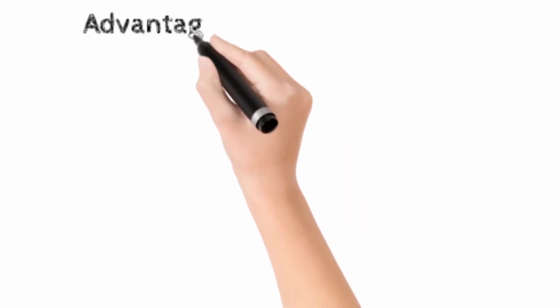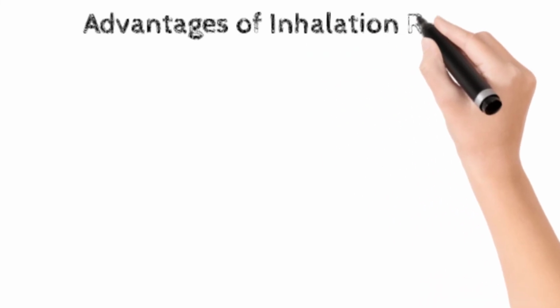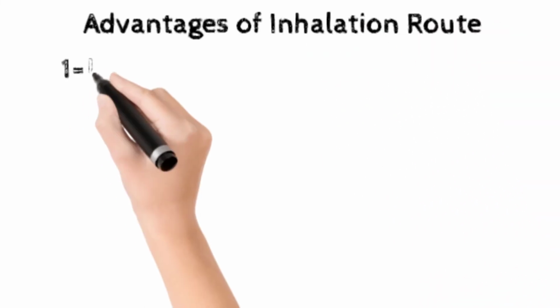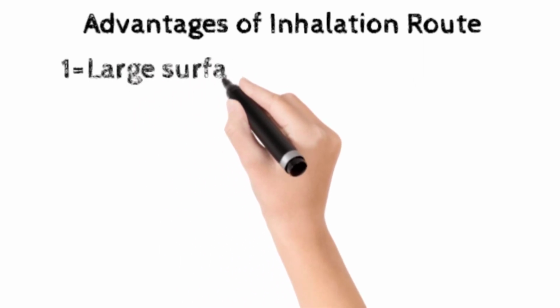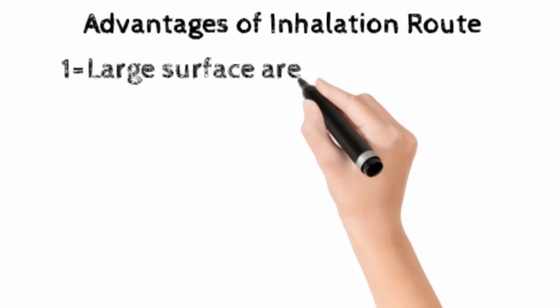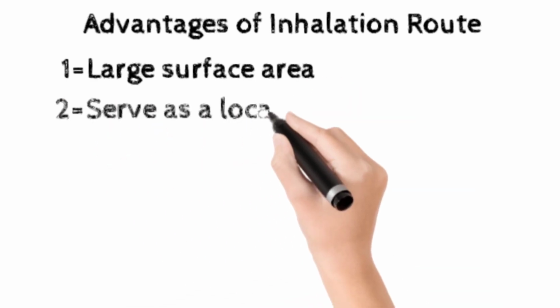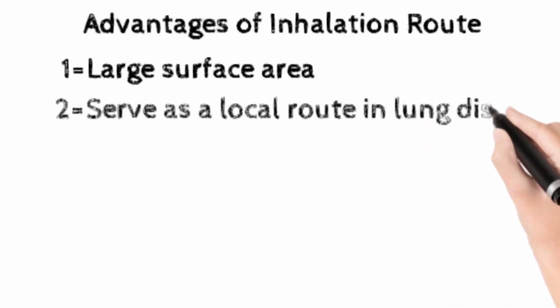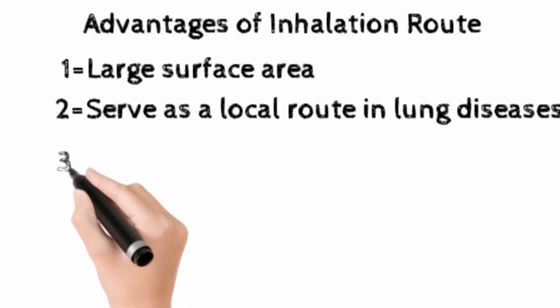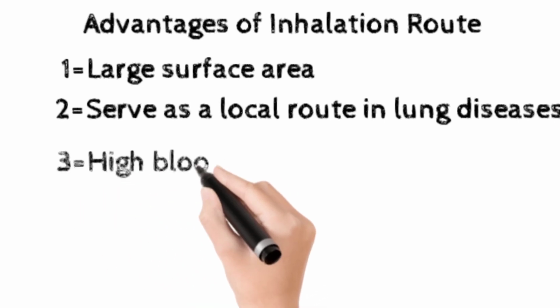Now come to the advantages of the inhalation route. What are the advantages of the inhalation route? Number one, large surface area. Second, it serves as a local route in lung diseases like asthma. The third is high blood flow.